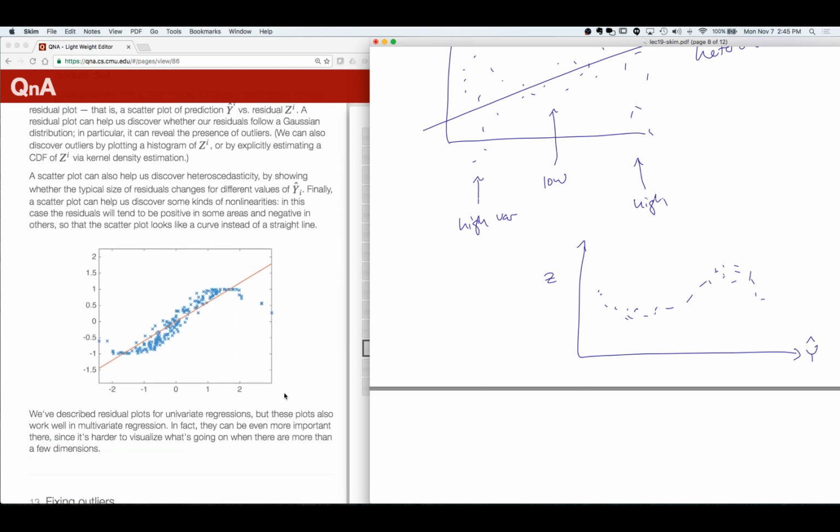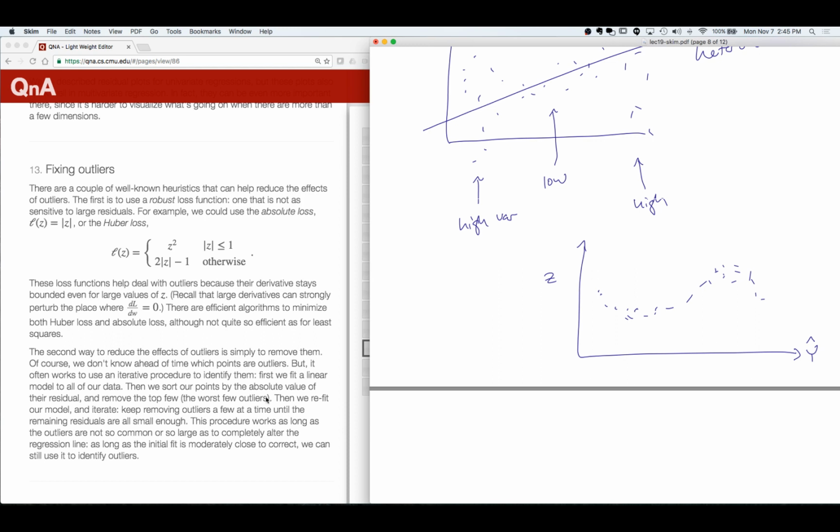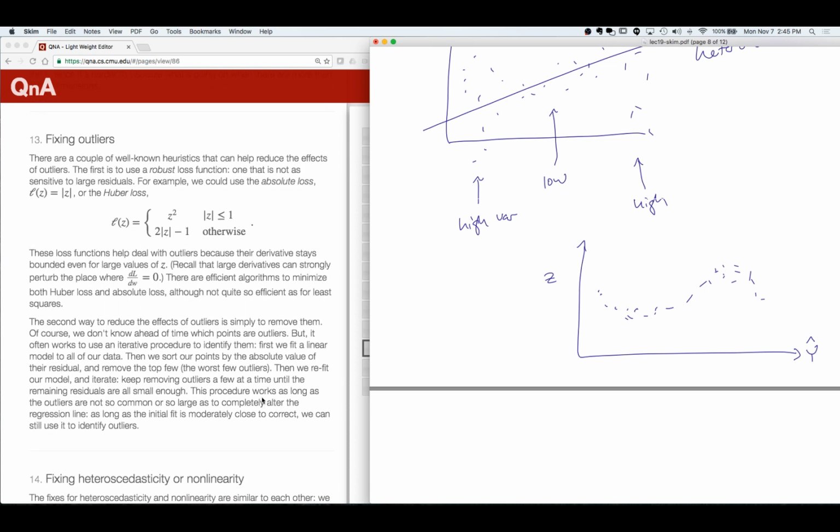So how do we fix these problems? Well, we can fix outliers in a couple of ways. The first is to use what's called a robust loss function, meaning a loss function that doesn't depend so strongly on large residuals.